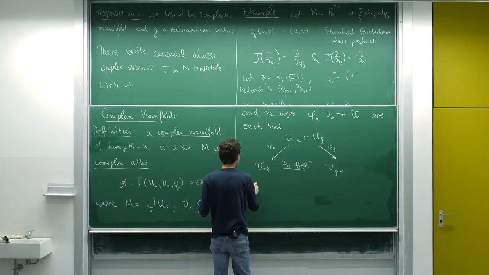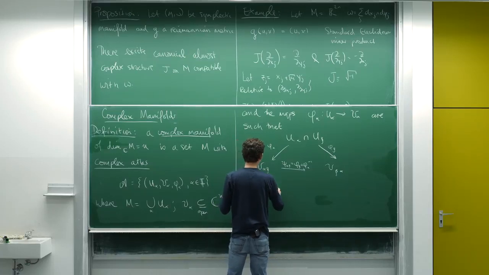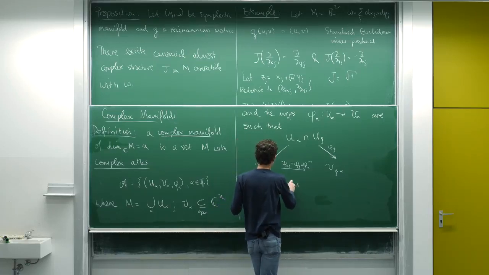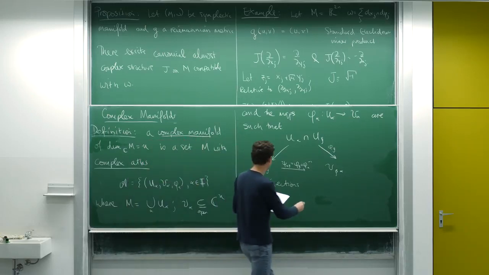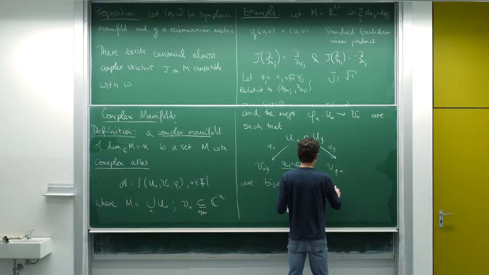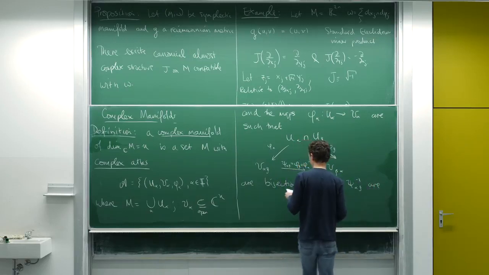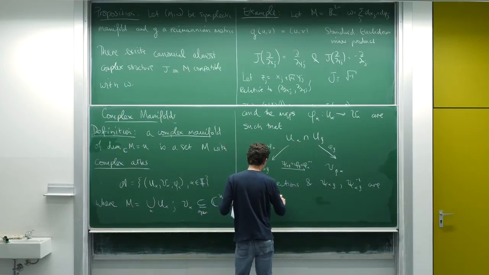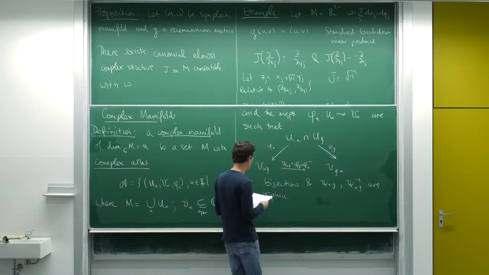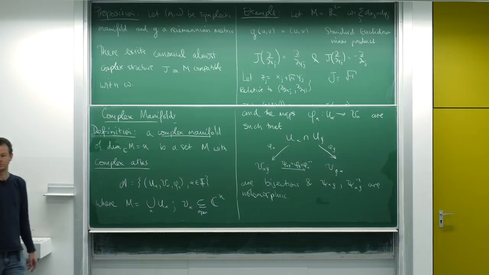And what does nice mean? Well, firstly, we need that these maps phi alpha are bijections. And we need that these overlap maps are holomorphic. And I'm going to go ahead and guess that you don't remember how to define a holomorphic map of n complex variables, so I'll do that next.